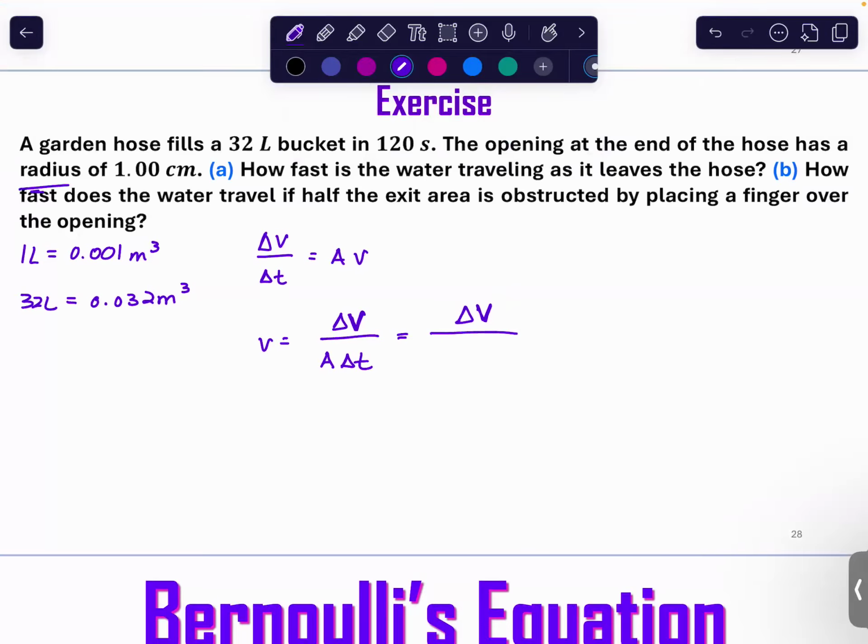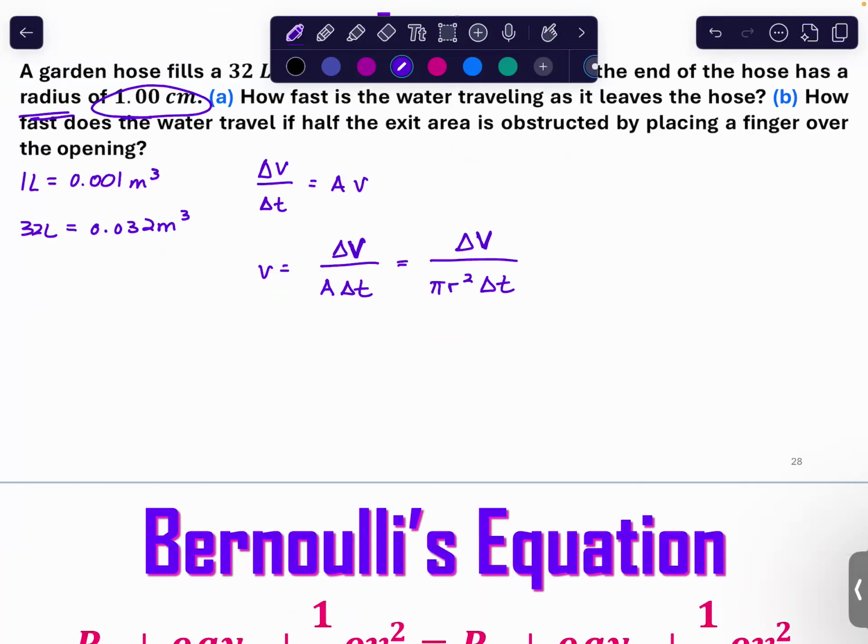Well, look, we have a radius of 1 centimeter. That surface area is a circle, so what is A? Pi r squared. Here we go. The velocity.